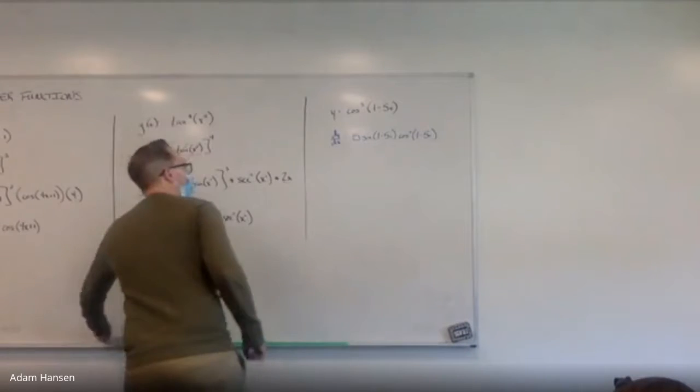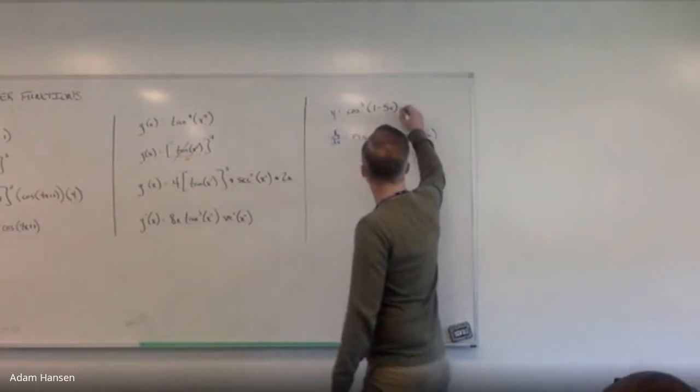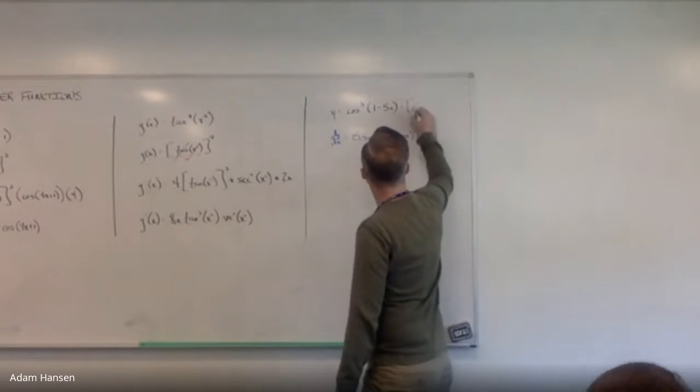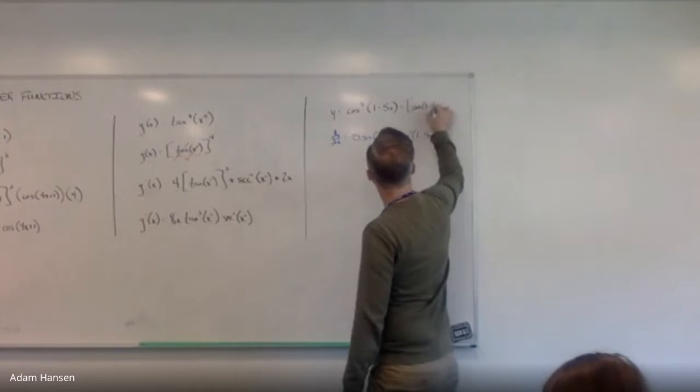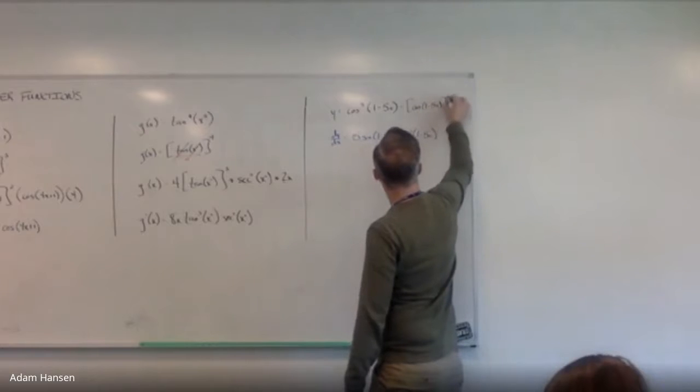People always struggle with these, but I think it's a little bit easier to write it as a power function first. Cosine of 1 minus 5x, all raised to the third.